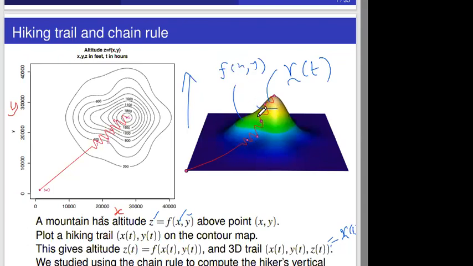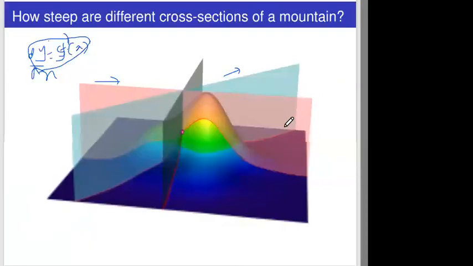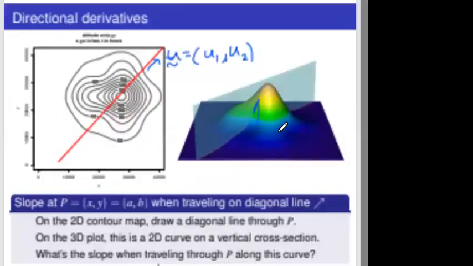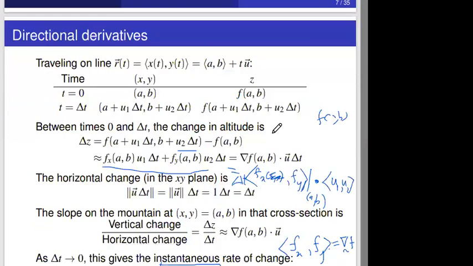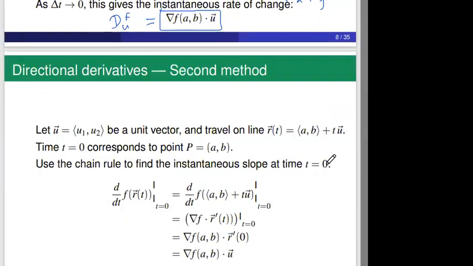If you want to find the height along this path, you have to compose this one with this. Combine these two, then you get the height function. Got it? Makes sense? Because I have limited time, so let's write that down.